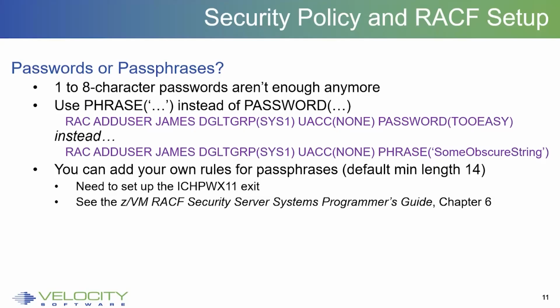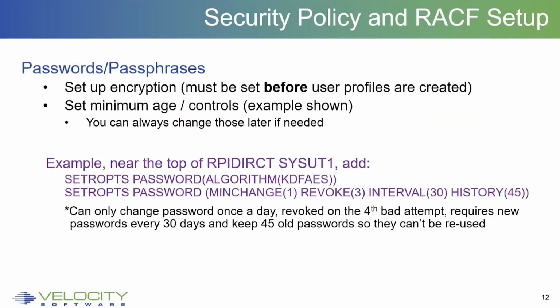Passphrases have some special rules that you'll need to be aware of, like a default minimum length. There's also an exit where you can implement your own company's security policies when it comes to passwords and passphrases. But all of that is detailed in the Security Server Systems Programmer's Guide in Chapter 6. Another thing about passwords and passphrases is encryption.